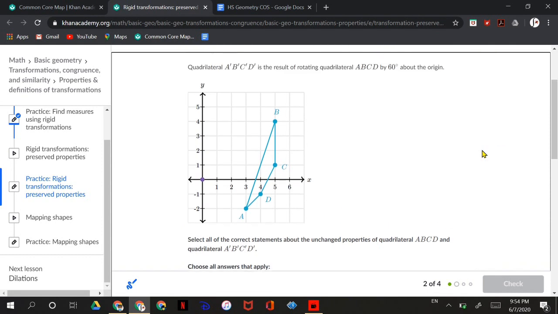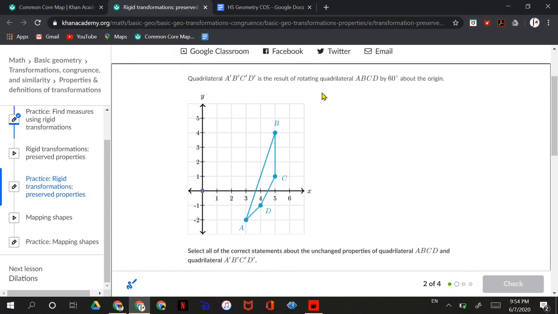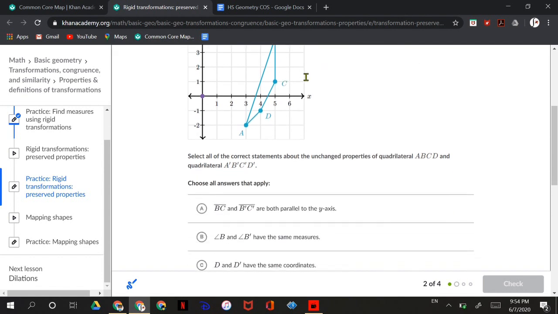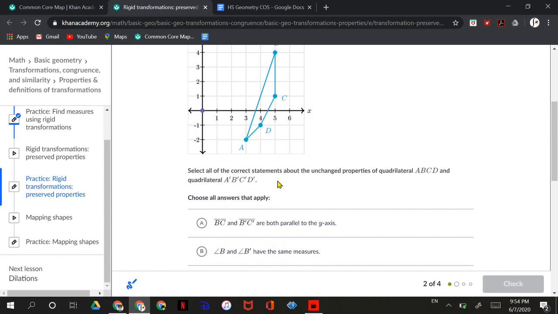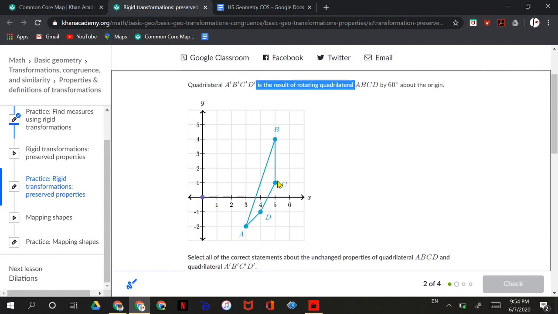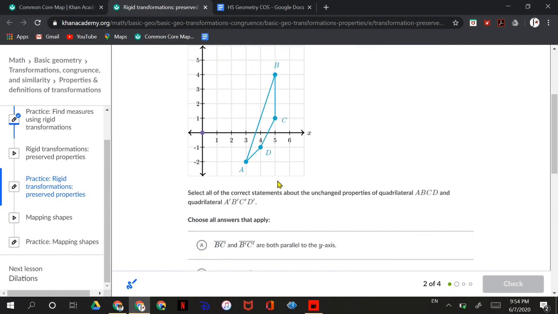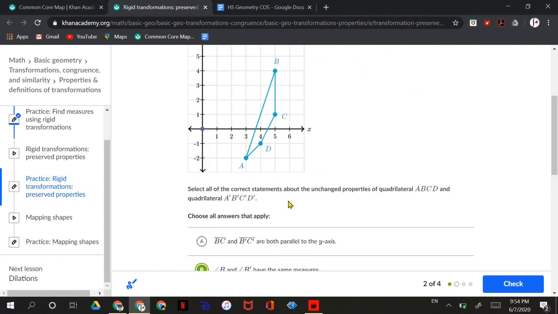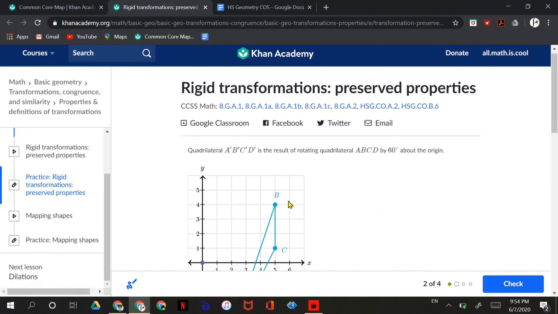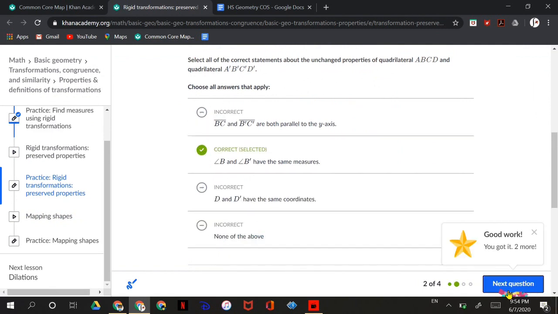This new shape is the result of rotating by 60 degrees. BC and B1C1 are both parallel to the y-axis. That is not correct. B and B1 have the same angle. That's correct. D and D1 have the same coordinate. That is not correct, because D is not the center of the rotation.